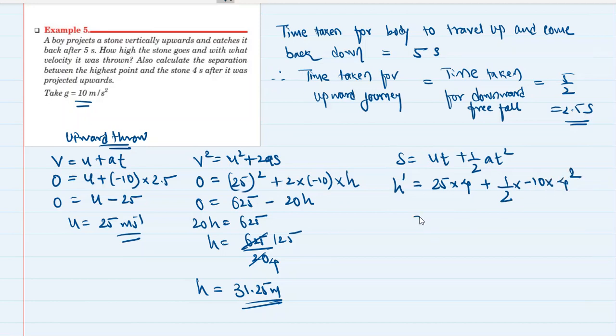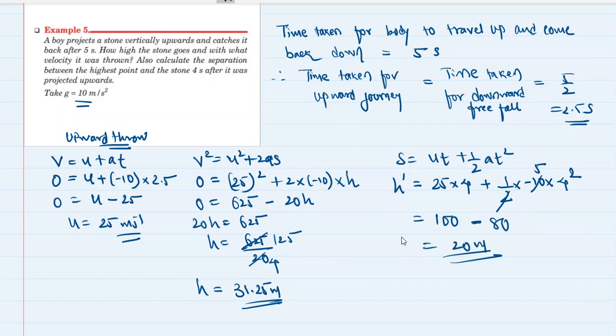This is 100 minus 5 into 16, which is 80. So 100 minus 80 is 20 meter.